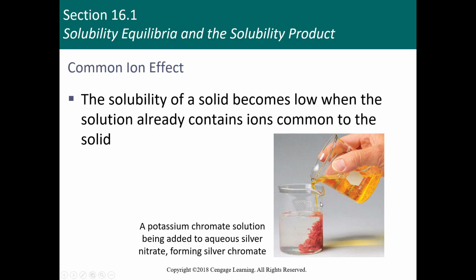This is forming our silver chromate in this case. All right, the more astute of you may notice that we have our potassium chromate, silver nitrate. They do not have common ions in effect.